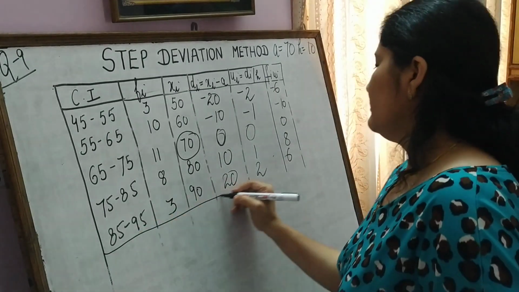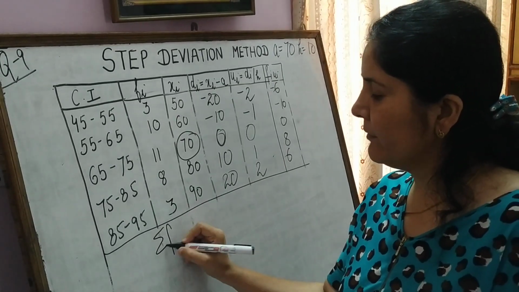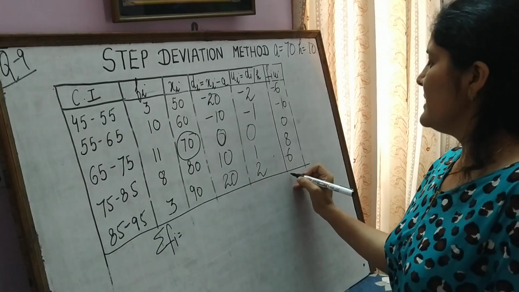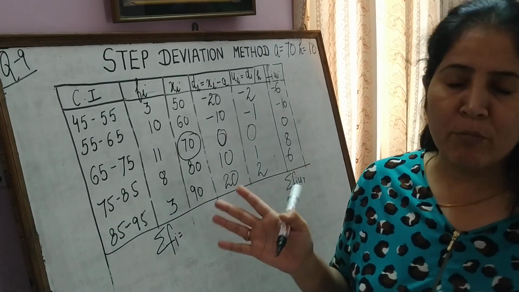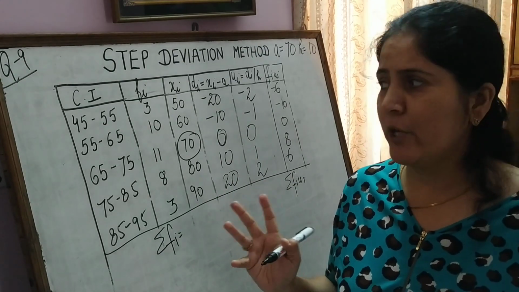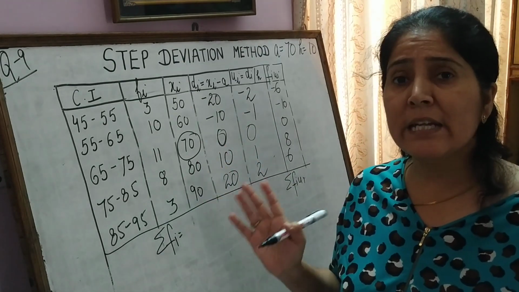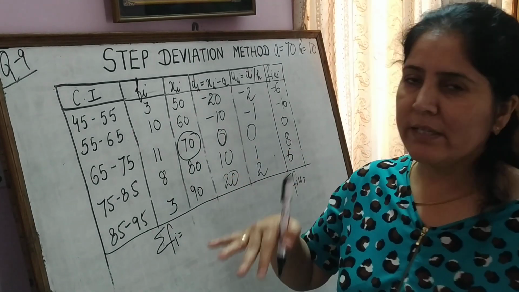Now let us find sigma Fi and sigma Fi Ui, because the formula is a plus sigma Fi Ui upon sigma Fi into h, and I need both values in that formula.